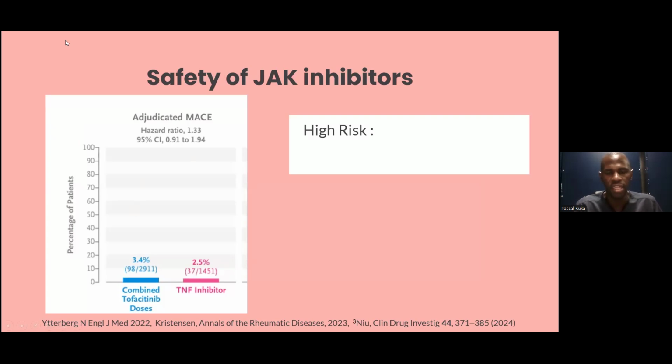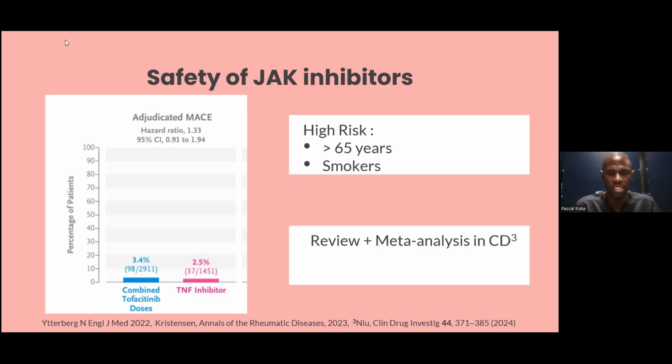However, when they had a further look at the patients who had the cardiovascular events, it was found that there were patients who had other risks for cardiovascular events, being more than 65 years of age, and also patients who are smokers.